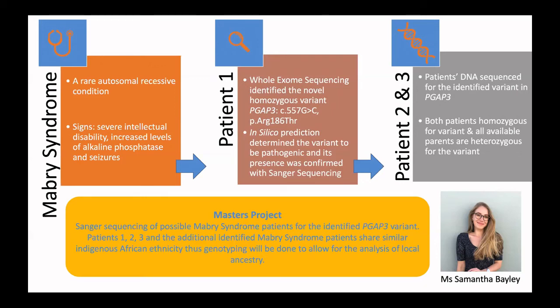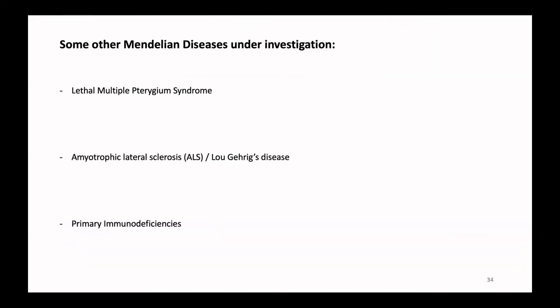We hypothesized that this could potentially be a founder effect in this group of patients, or this indigenous African population. Another disease that we are interested in is lethal multiple pterygium syndrome. We have quite a large cohort, surprisingly. We suspect that there also might be a founder effect there.